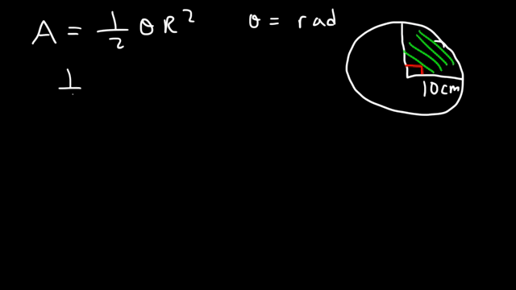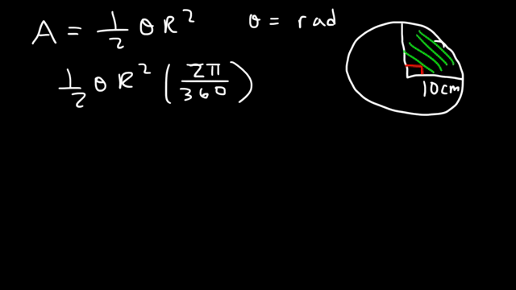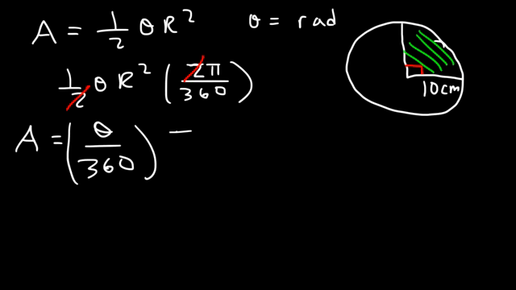Now, if you multiply that equation by 2 pi divided by 360, this will convert the angle from radians to degrees. So notice that the 2's will cancel, and so the area is going to be theta over 360 times pi r squared.